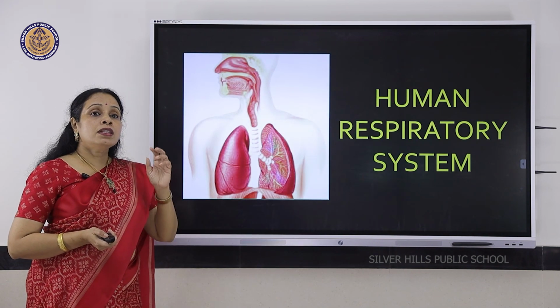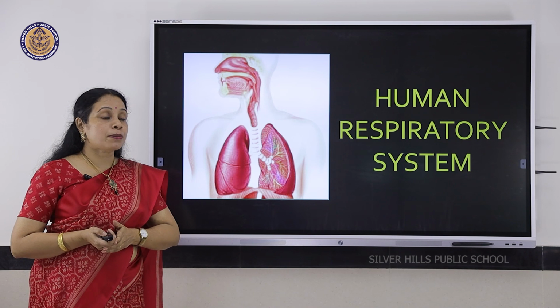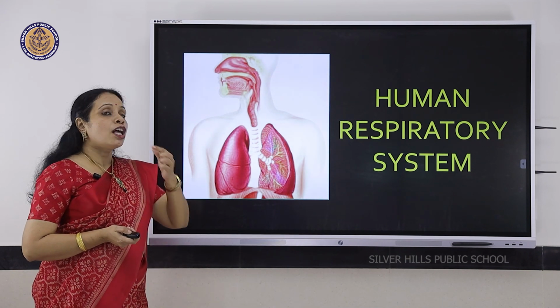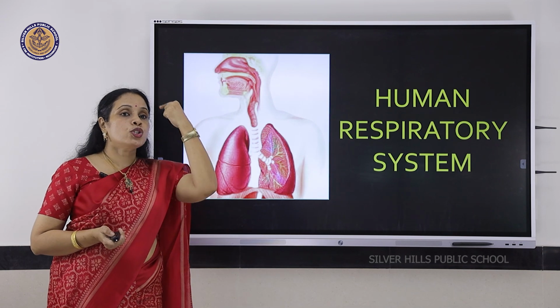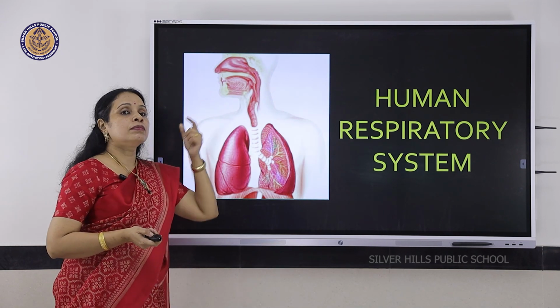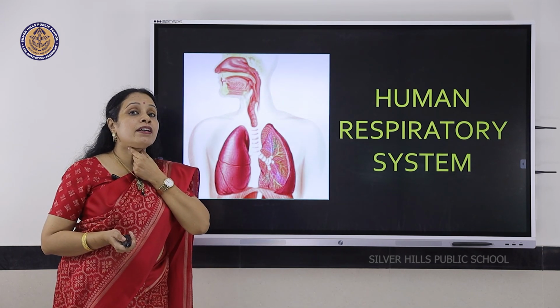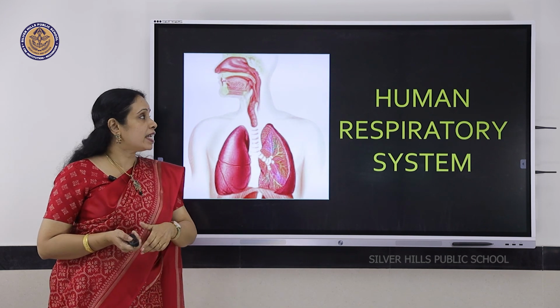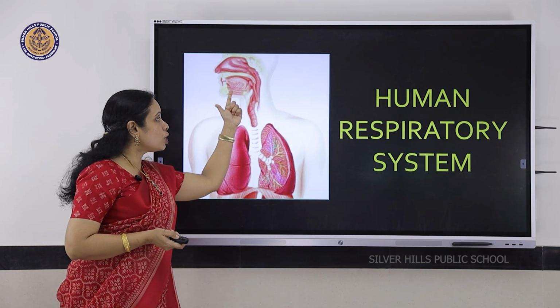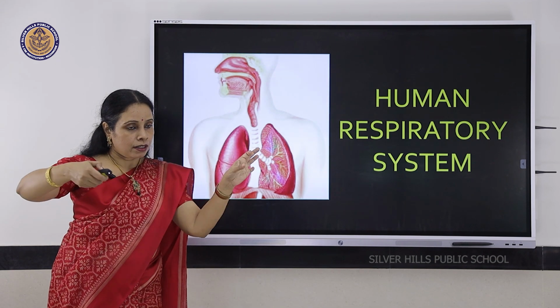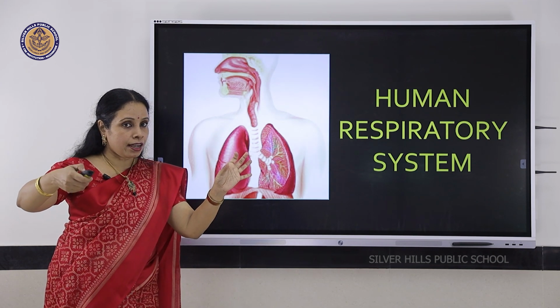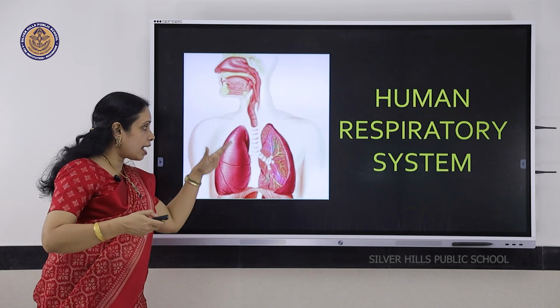This is a figure of the human respiratory system. We breathe in through our nostrils. The air goes into the nasal chamber, reaches the common opening called the pharynx, moves down through the trachea or the windpipe, which divides into two bronchi. They enter the lungs.